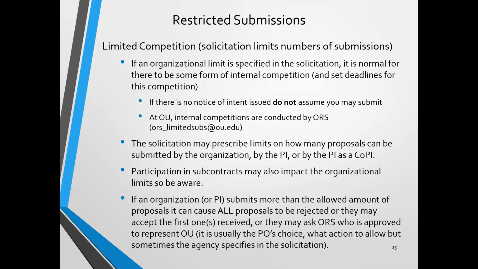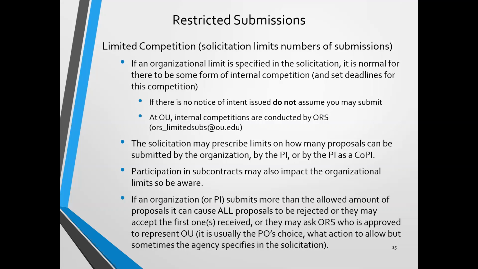Should we get an email like that back from a program officer, our automatic selection for who gets to go forward is whoever has completed the internal process, even if the internal process was completed after the fact. So if you're at the deadline and you find out that a limited competition is needed, or if you submit it and then you find out that it's needed, as soon as you find out that it was a restricted competition, let us know.